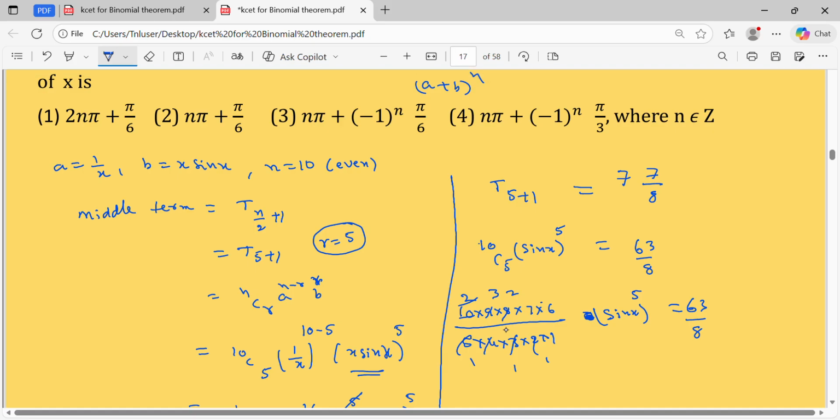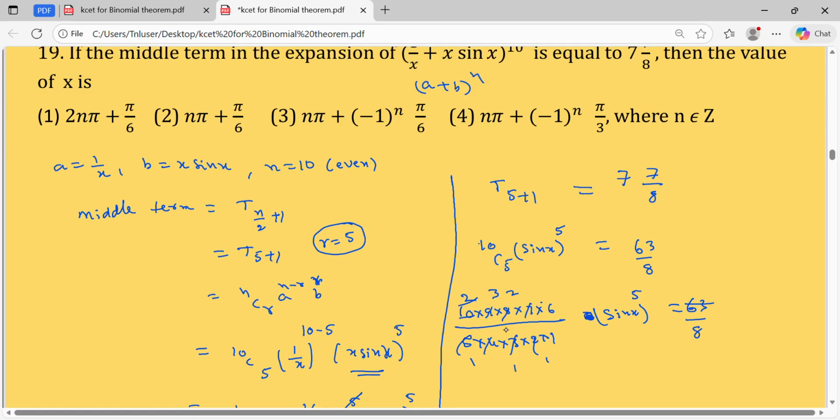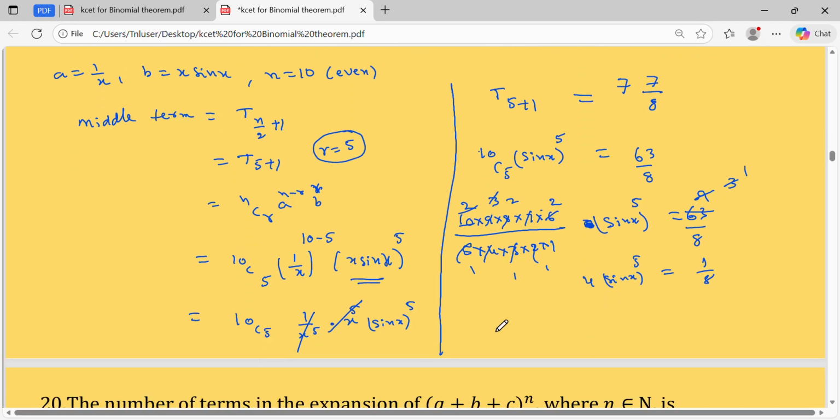So the remaining terms: 7 1 ja 7, 9 ja, 3 1 ja 3 3 ja, and 3 2 ja 3 1 ja. The final answer is 2 into 2 4 4 into sin x power 5 equals 1 by 8. According to that, sin x power 5 equals 1 by 32.